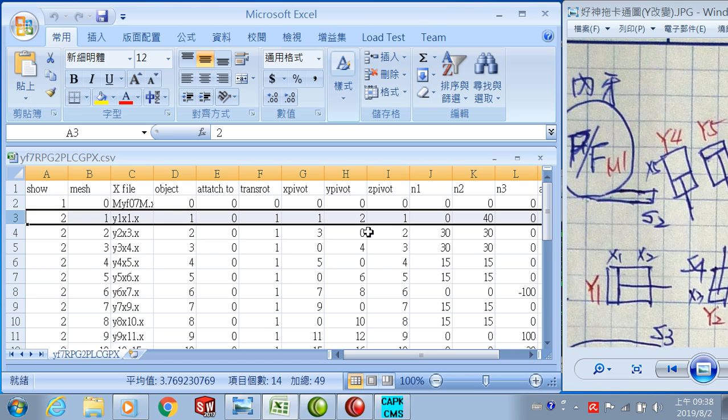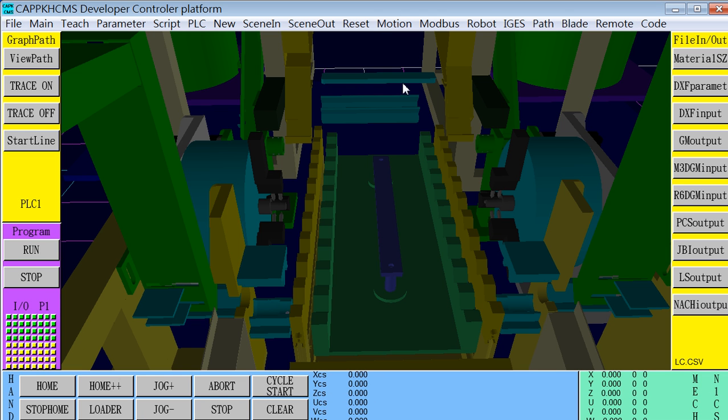Okay, let's see the hand-driven Y1 on, how the simulation works. Let's see the CMS CAPP as Y1 on, the 40 millimeters moving up, how the piece object 1 moves. This is object 1 moving up 40 as we press Y1 on.